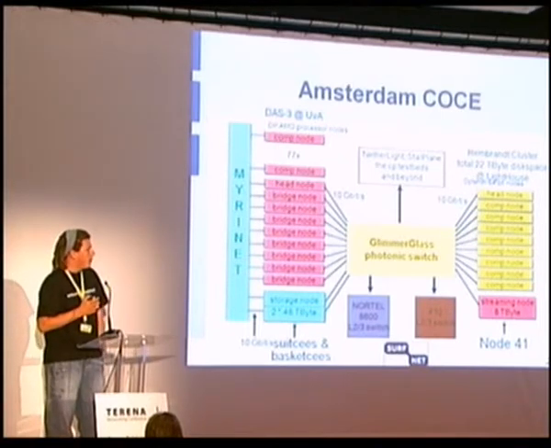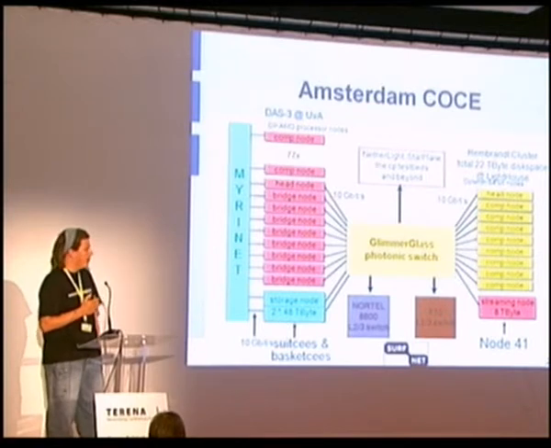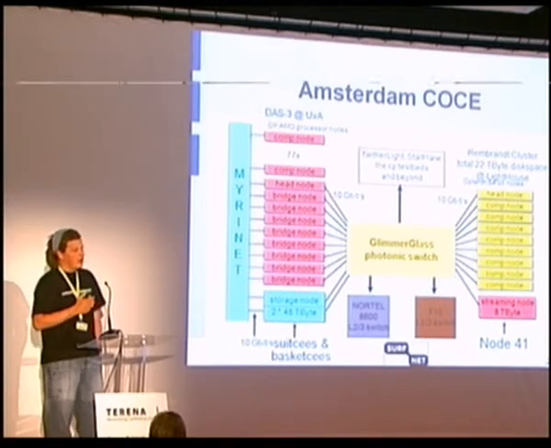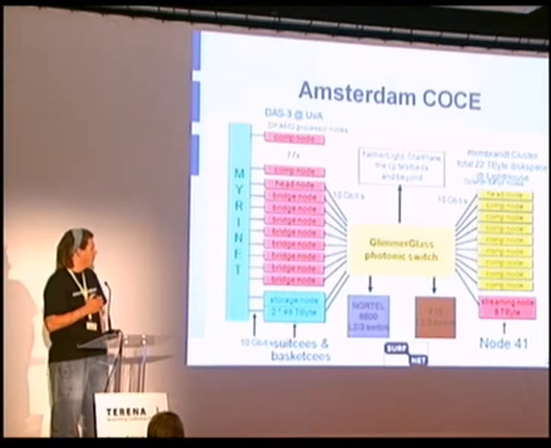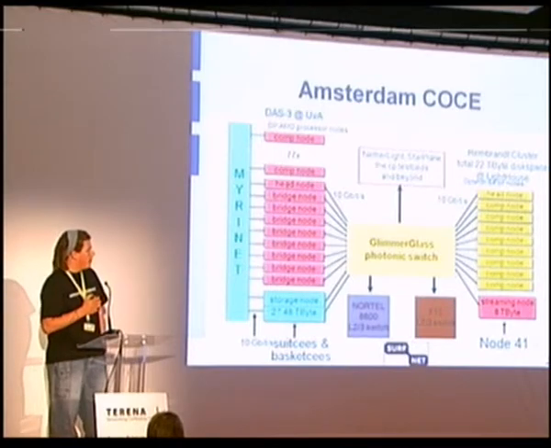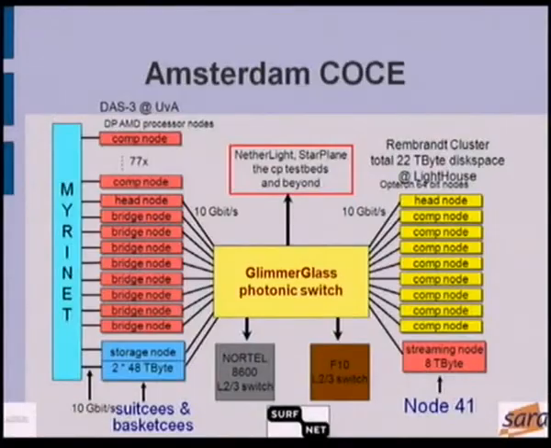We have the Remnant cluster, which we can also use to do some experiments. Of course, a streaming node to stream the video. And this is all connected to a photonic switch, which has some connections to Netherlight, SurfNet, but also connections to our Nortel PBT testbed.